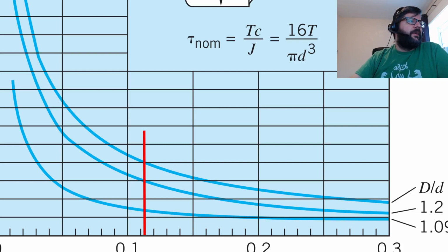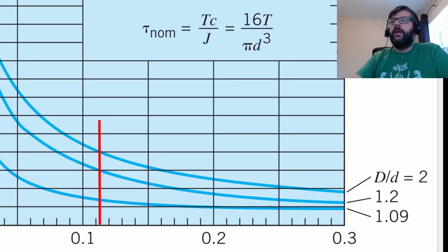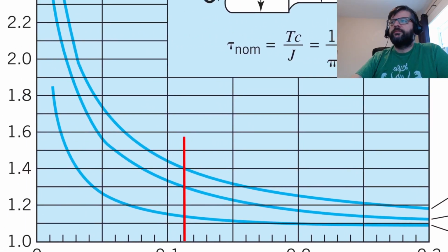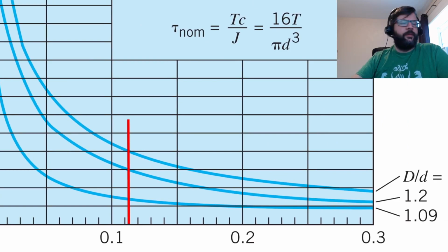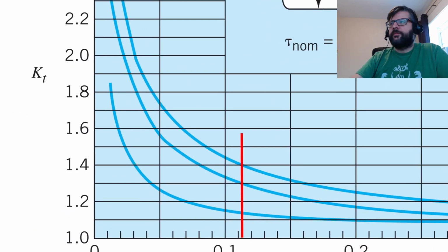The top line is 2, and the middle line is 1.2. We've got a far wider gap between the 1.2 and the bottom line, which is 1.09.